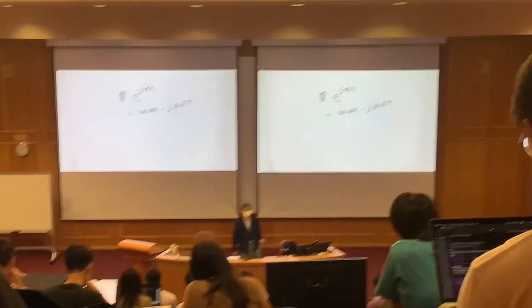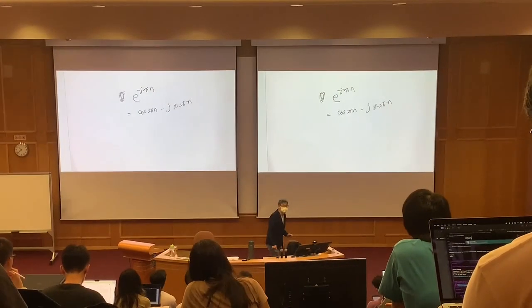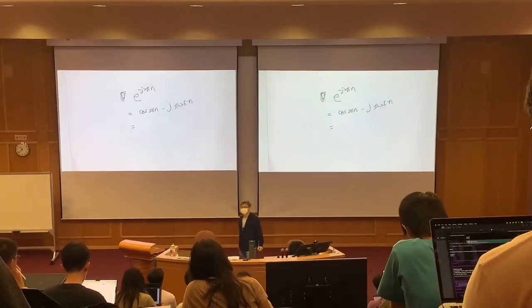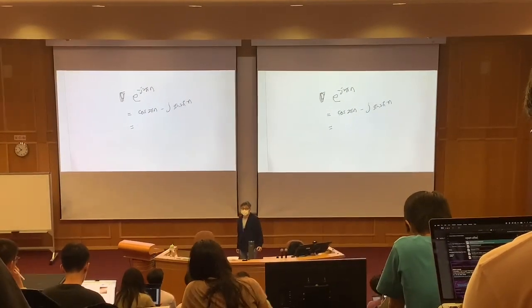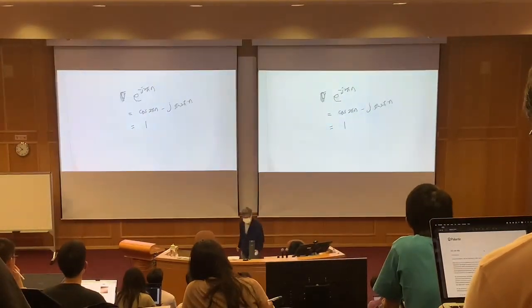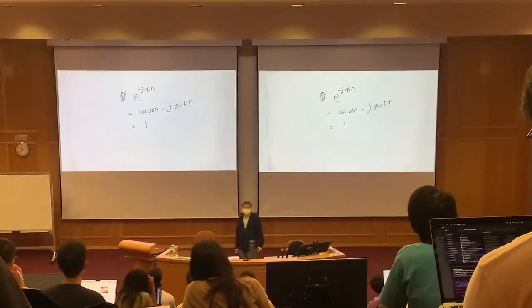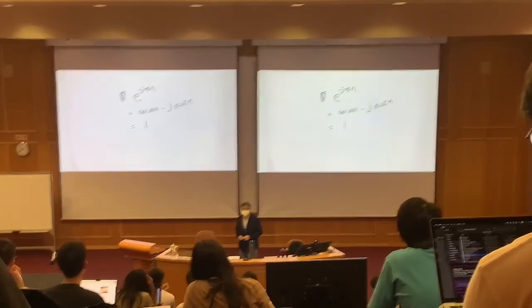This is Euler's rule that we saw last week. And what is cosine 2 pi n when n is an integer? 1. And what is sine 2 pi n when n is an integer? 0. So e to the minus j2 pi n is equal to 1, understand?